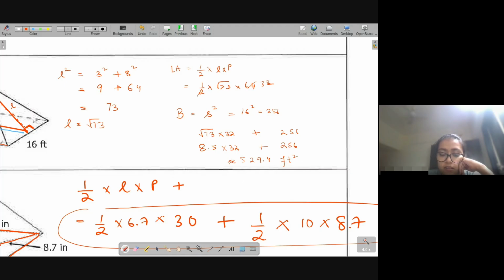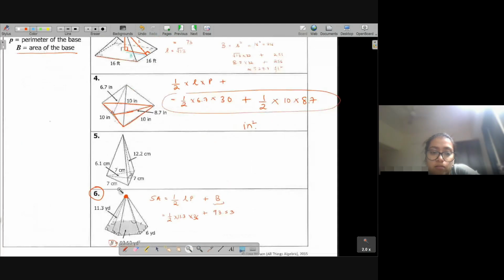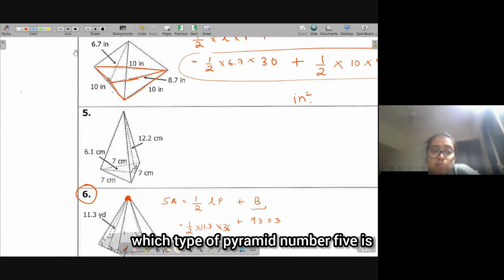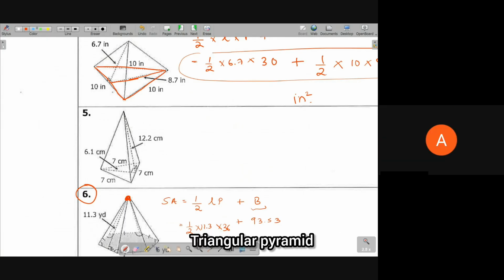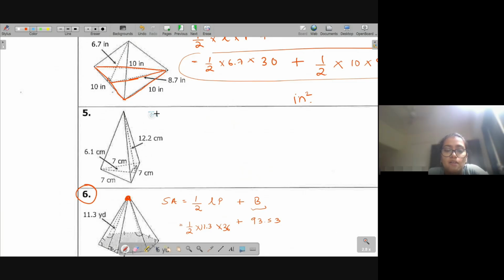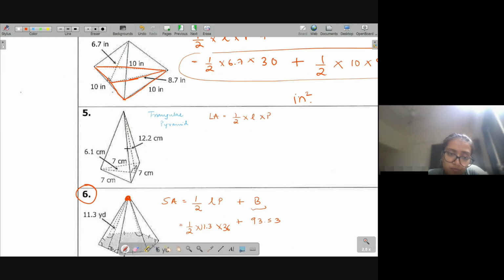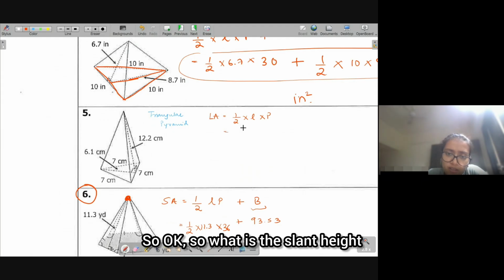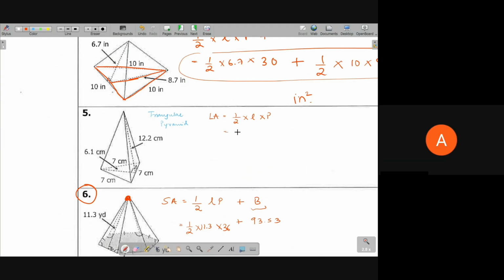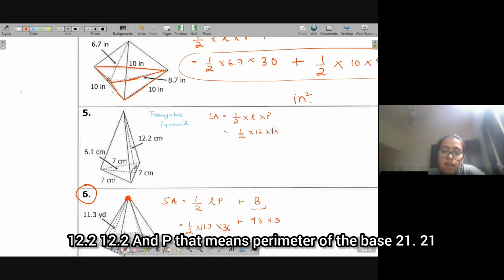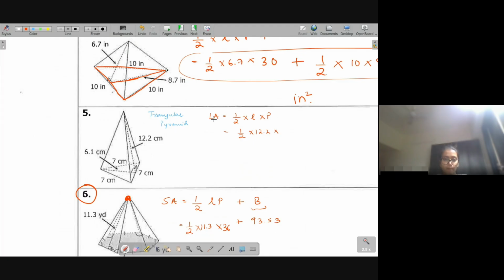Number 5. Which type of pyramid is number 5? We have a triangular pyramid. First let's find the lateral area: 1/2 times slant height times the perimeter of the base. Here we have everything. Aditi, what is the slant height? 12.2. And P, the perimeter of the base, is 21.